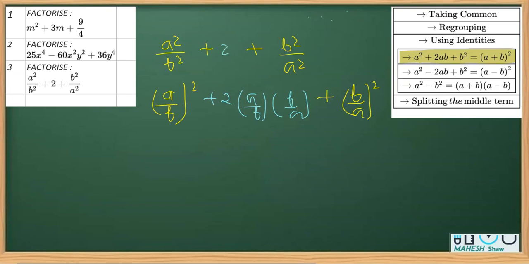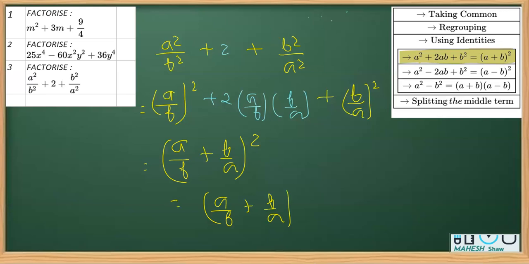So once done, we can write this as (a by b plus b by a) whole square, which can further be written twice, (a by b plus b by a) into (a by b plus b by a). So all these three questions were based on the identity either (a plus b) whole square or (a minus b) whole square.